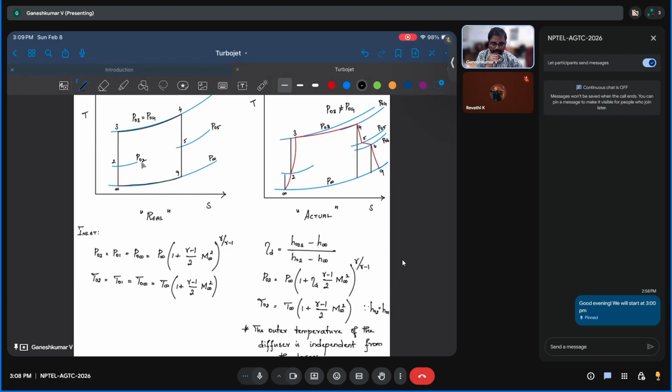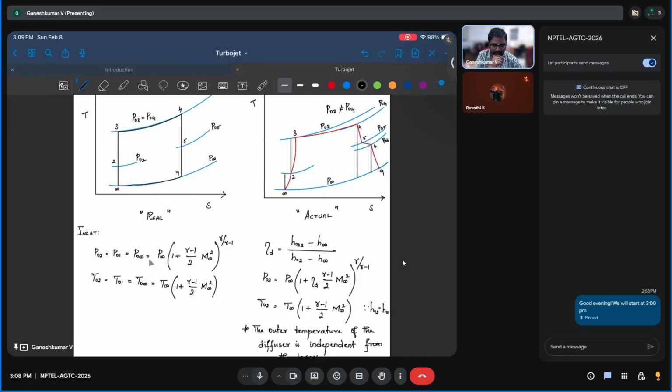So here you need to know P02, P03, P04, P05, and P infinity or P9, and in addition their temperatures, T02, T03, T04, T05, and T9 and T infinity. Typically T infinity and P infinity we know, and based on the flight conditions, M infinity we know.